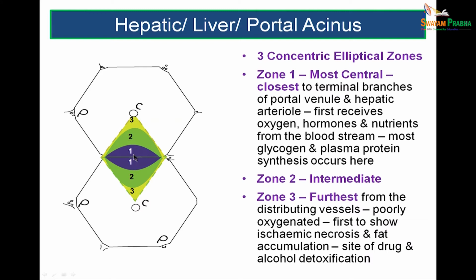The portal acinus or hepatic acinus, also called liver acinus, is divided into zones: zone 1, zone 2 and zone 3. Zone 1, you will notice, is very close to the blood supply.